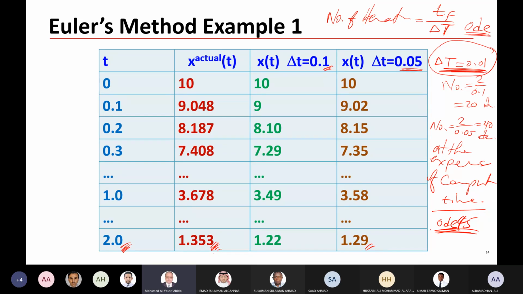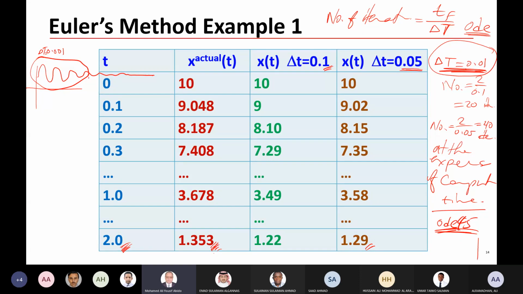So at the beginning, maybe assume that this is the solution here. As you can see, at the beginning you have high oscillation, so you can decrease the delta t here to 0.001.